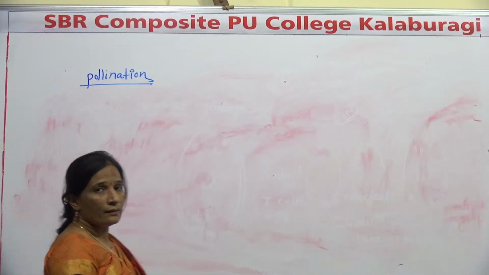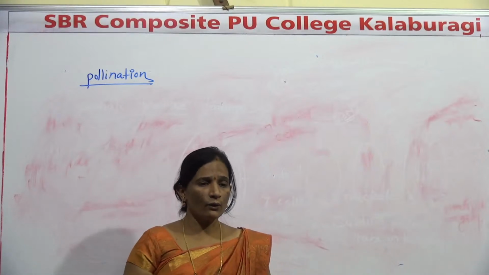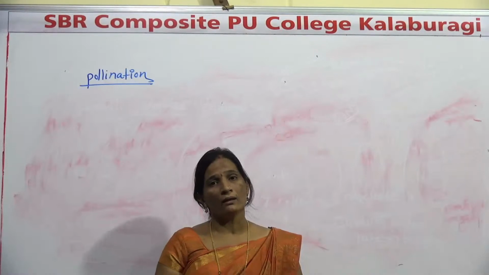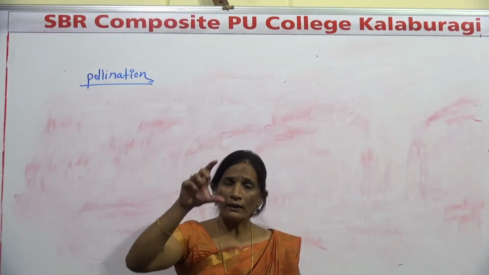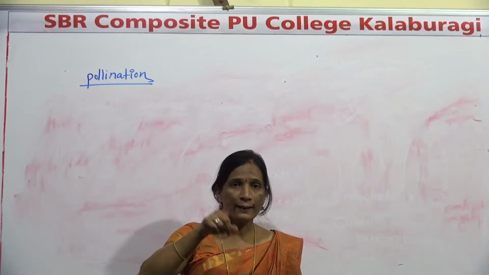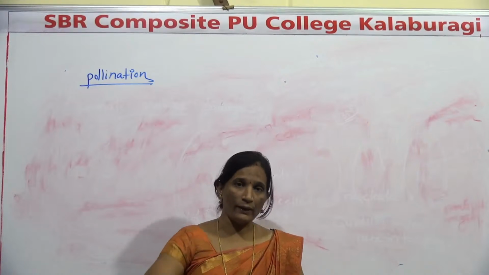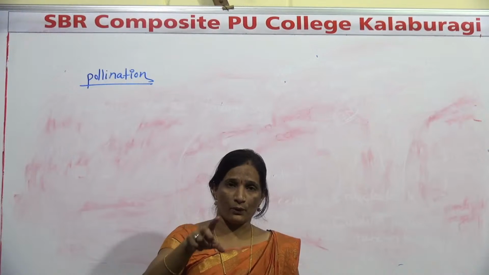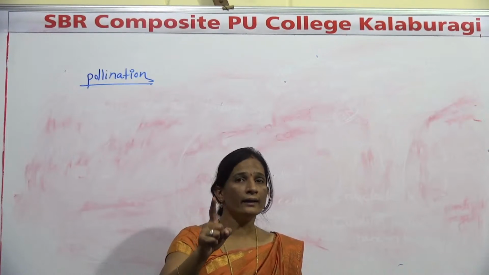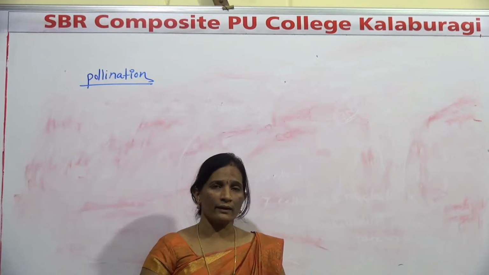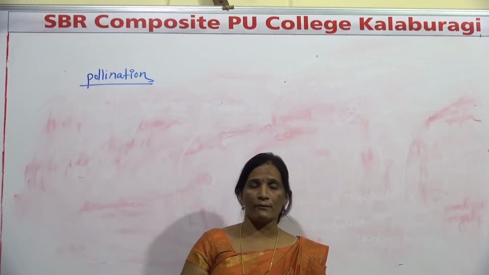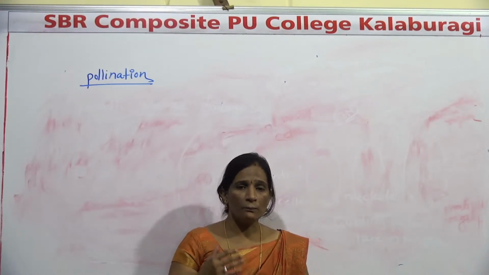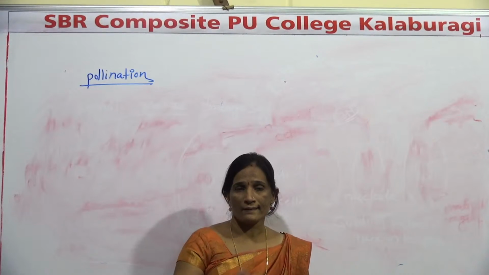Pollination. So till now you have studied the formation of male and female gametes. Is it clear? One embryo sac contains how many eggs? Only one egg. One ovule commonly contains one embryo sac, and one embryo sac contains one egg cell.